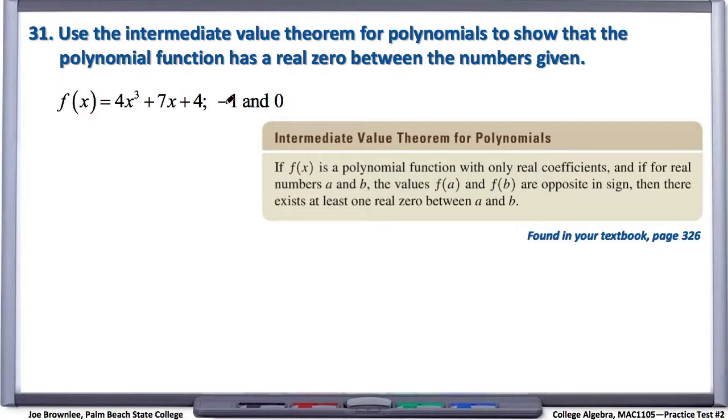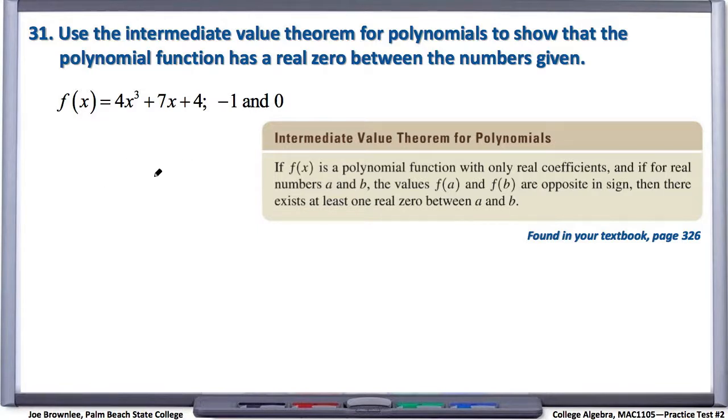And if the remainder, when we use -1 and 0, are opposite, if one is positive, one is negative, then what that tells us is that there is some real number that exists between -1 and 0 for which if we were to perform synthetic division, we would end up with a 0 remainder, meaning that number between -1 and 0 is a 0 of this polynomial.